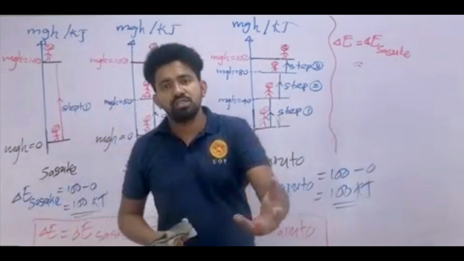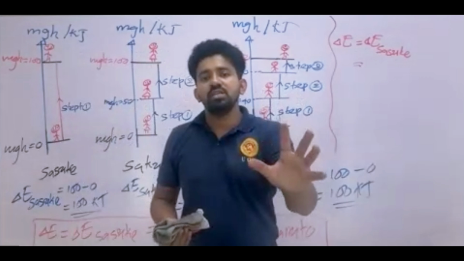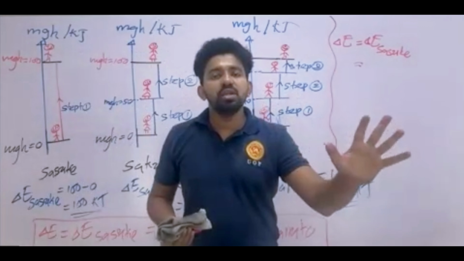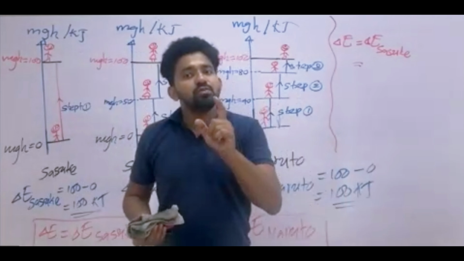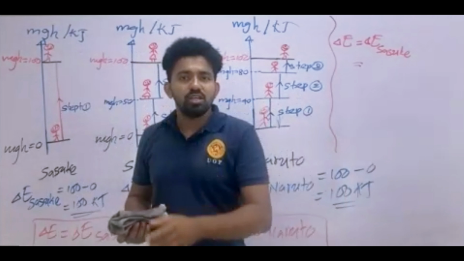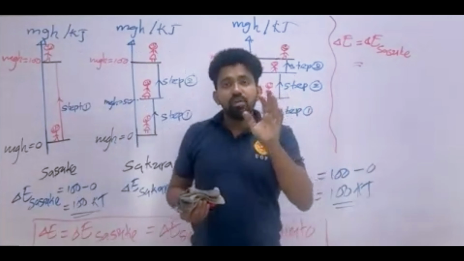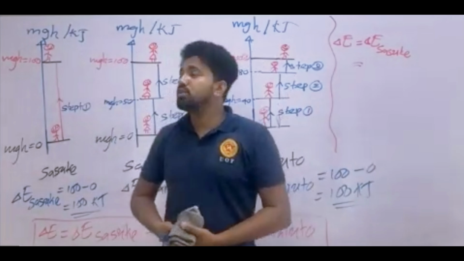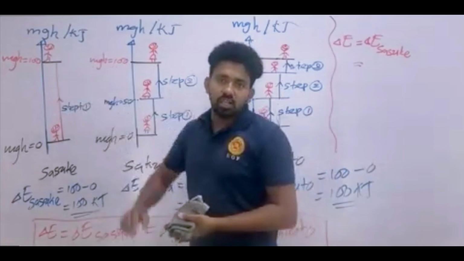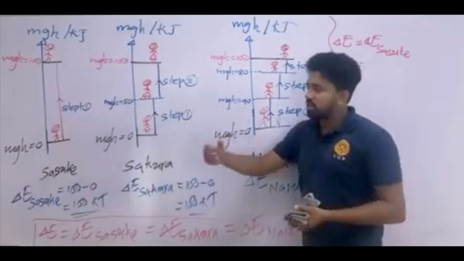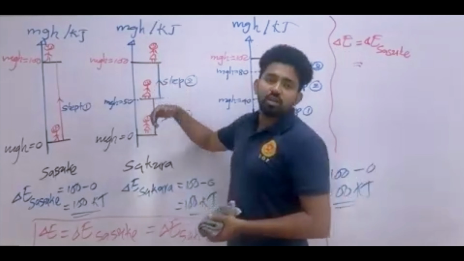When it comes to state functions, what really matters is not the intermediate step, but the final state and the initial state. So we need to know the value of the initial state and the value of the final state.